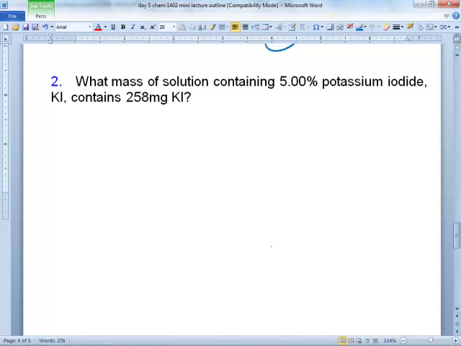What mass of solution containing 5% potassium iodide contains 258 mg KI? The answer must be in milligrams. So pick the equation.